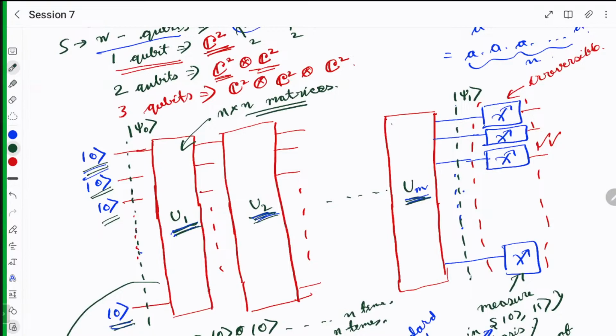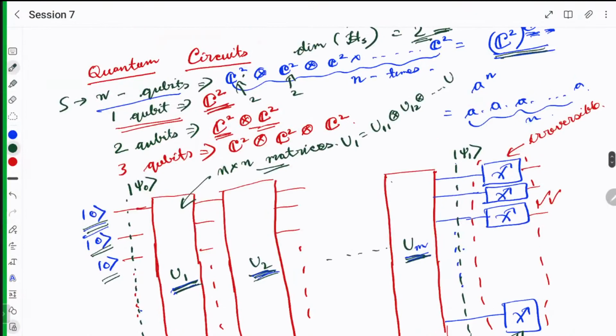So sometimes you will be able to decompose them. u1 will be, say for n qubits, some u11 tensor u12 tensor and so on.